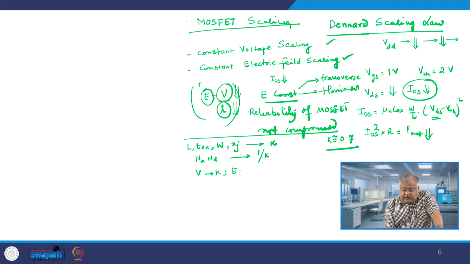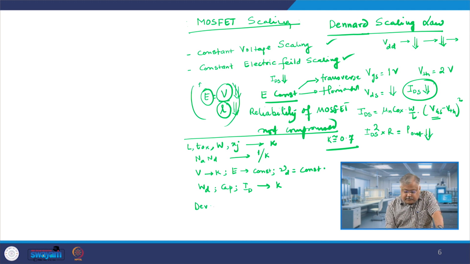Electric field is held constant. The drift velocity is again held constant, right. WD is the width of the depletion region, capacitance and the drain current. These are again scaled by a factor of k, which means there is a reduction in the current, in the capacitance and the width of the depletion region.